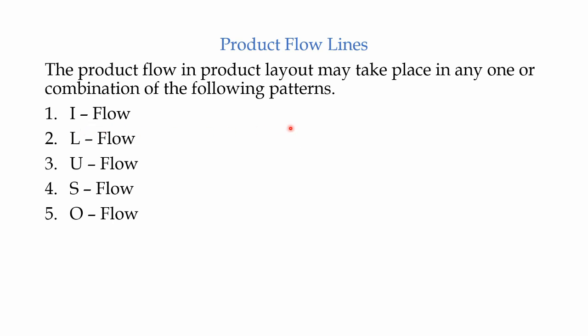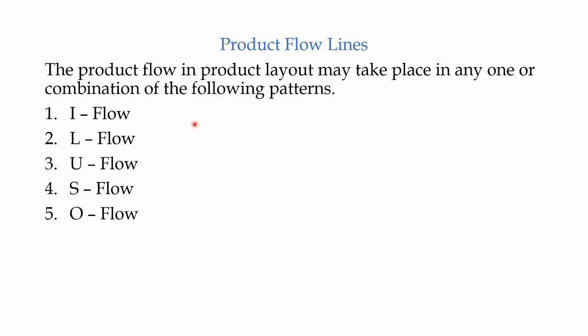Suppose the space is not sufficient, then we may arrange the machines in an L pattern so that the products will move first horizontally and then in a perpendicular direction, which will resemble an L shape. So it enters at one end and leaves at the other end.